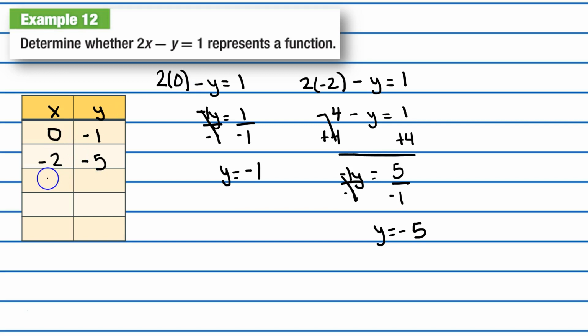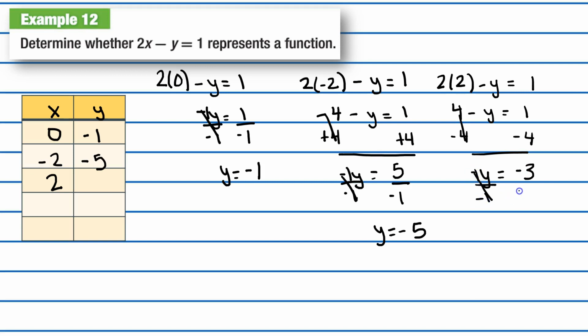And let's try another one. Let's try just 2. 2 times 2 minus y is equal to 1. So that's 4 minus y is equal to 1. Minus 4 on both sides. Negative y is equal to negative 3.